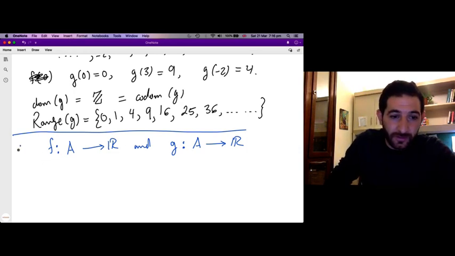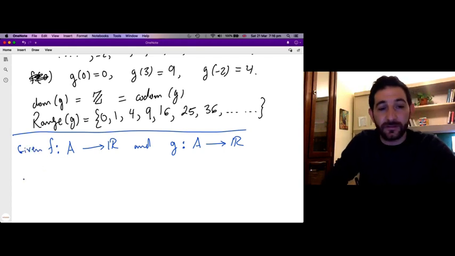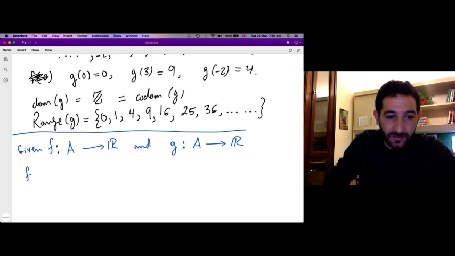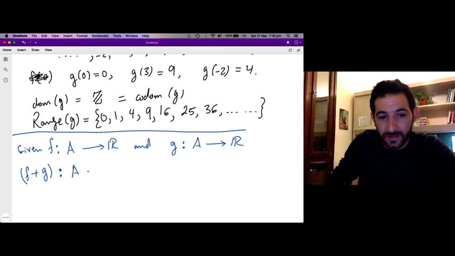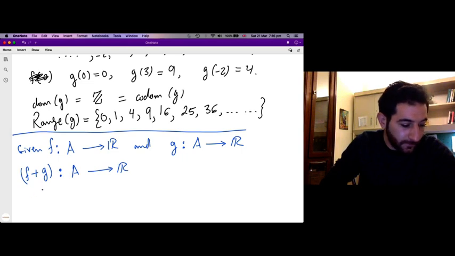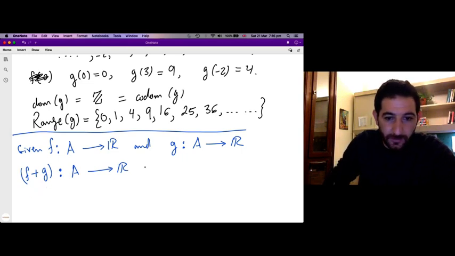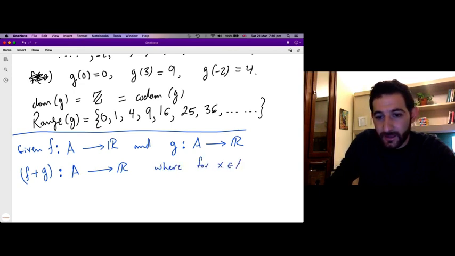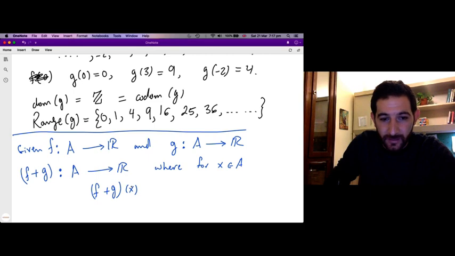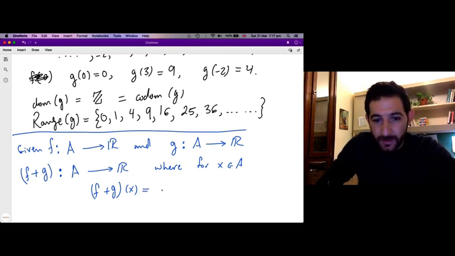Now given these two functions, f and g, we can define new functions. For example, the first function is called the sum of the functions, f plus g. This is the notation for this new function. It has the same domain and codomain, and if you choose an element x in A, so choose an element in the domain, then the image f plus g of x is equal to the following.